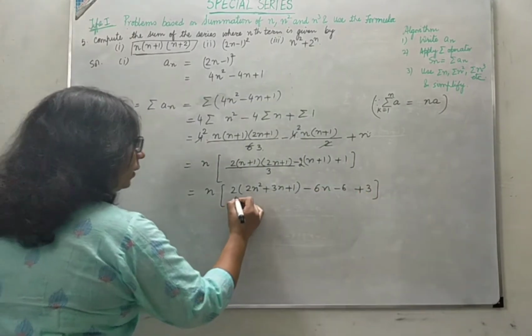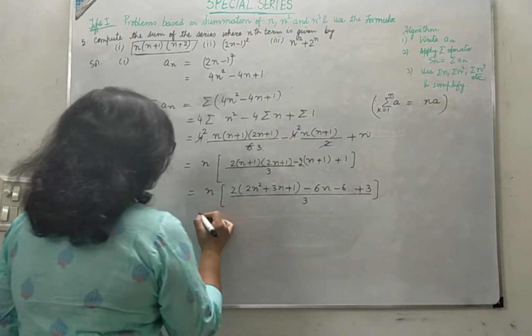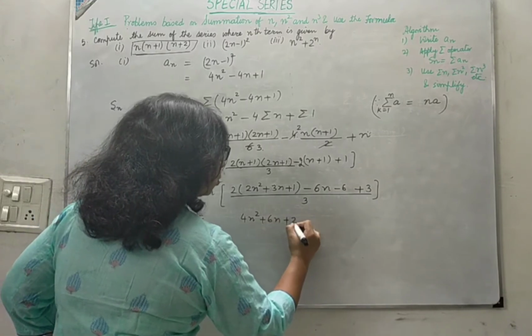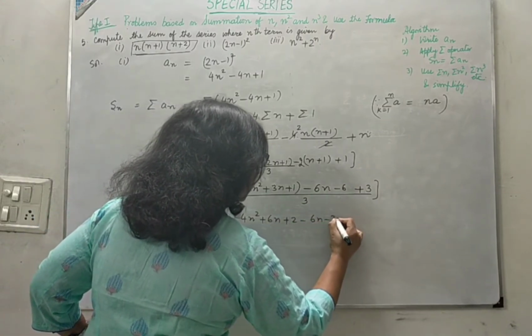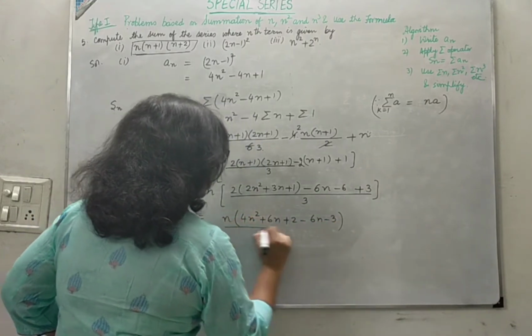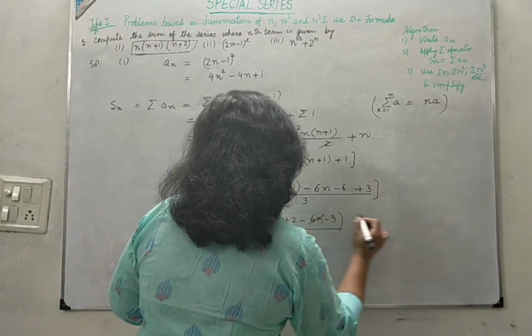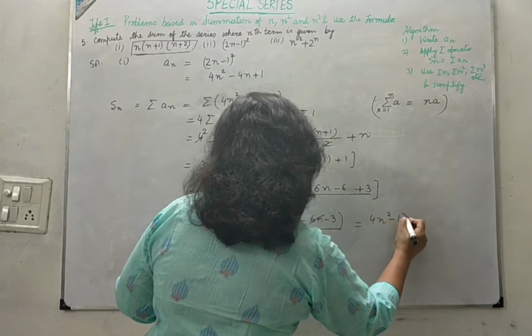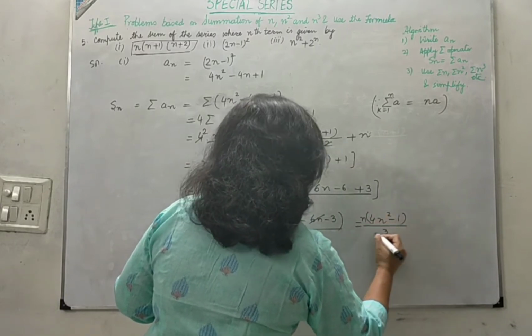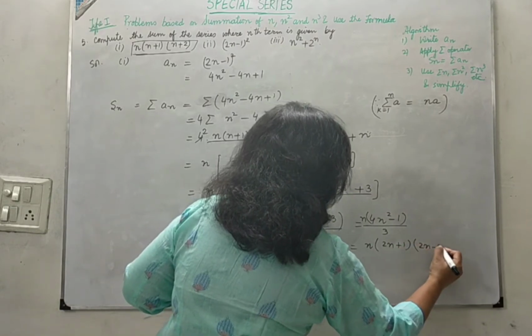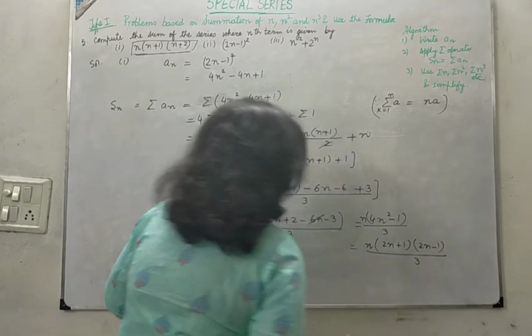So we are left with upon 3, that is 4n square plus 6n plus 2 minus 6n minus 3, into n divided by 3. We are left with 4n square minus 1 into n by 3. We can further, if we want, make the factors like this upon 3.